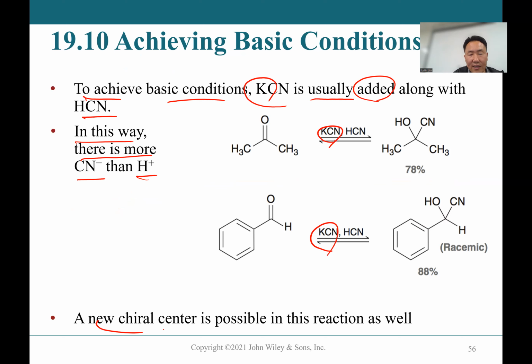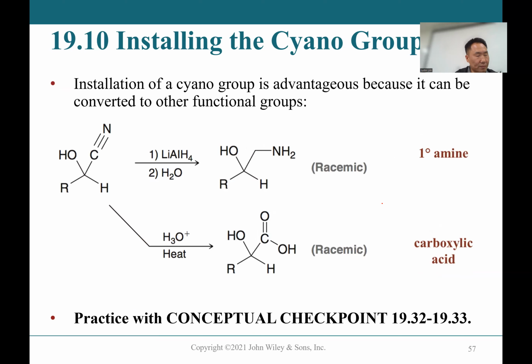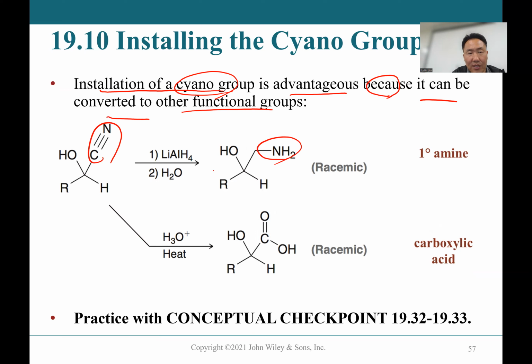A new chiral center is possible in this reaction as well. Now you can see the new chiral center. Installation of the cyano group is advantageous because it can be converted into other functional groups: cyano group to amine, cyano group to carboxylic acid.